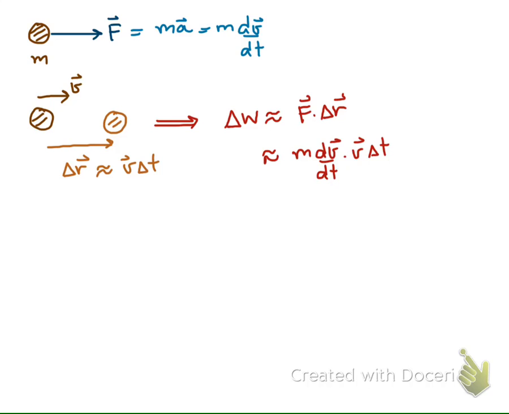So in this case, we can write this term as m delta v over delta t, with the condition that delta t is very small, or we use the notation that delta t approaches 0. So these two terms may be cancelled.